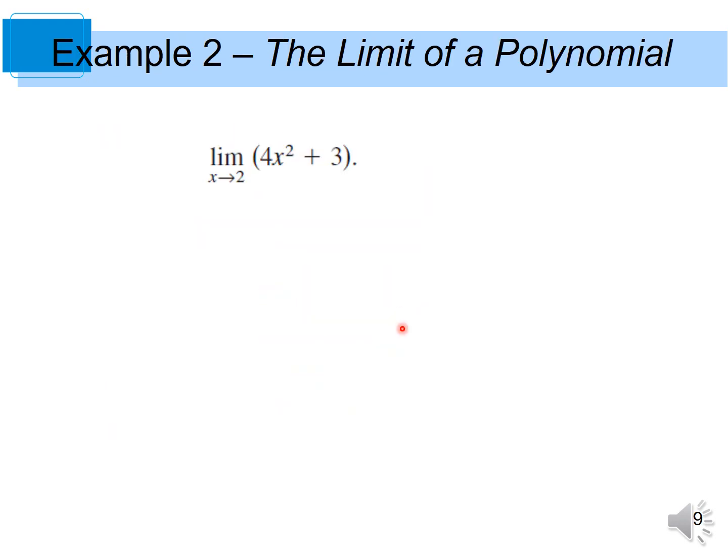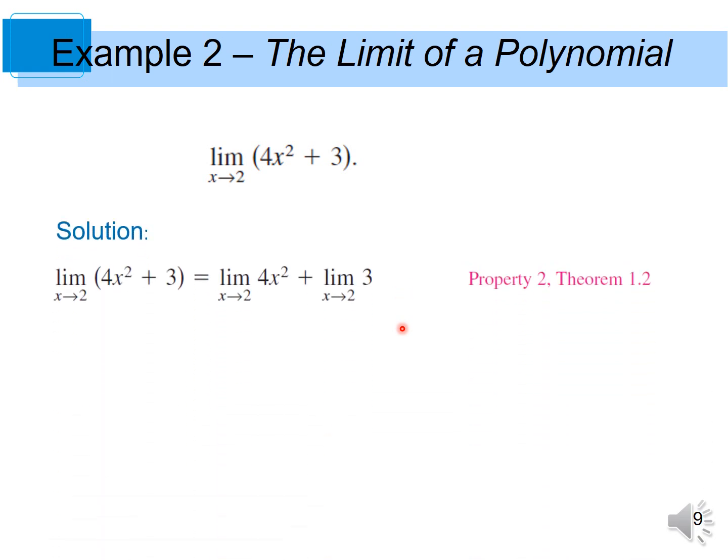For example, the limit of 4x squared plus 3 when x tends to 2. Look at the solution. We can use the second property, Theorem 1.2. We can break it into two limits: the limit of 4x squared plus the limit of 3 as x tends to 2.